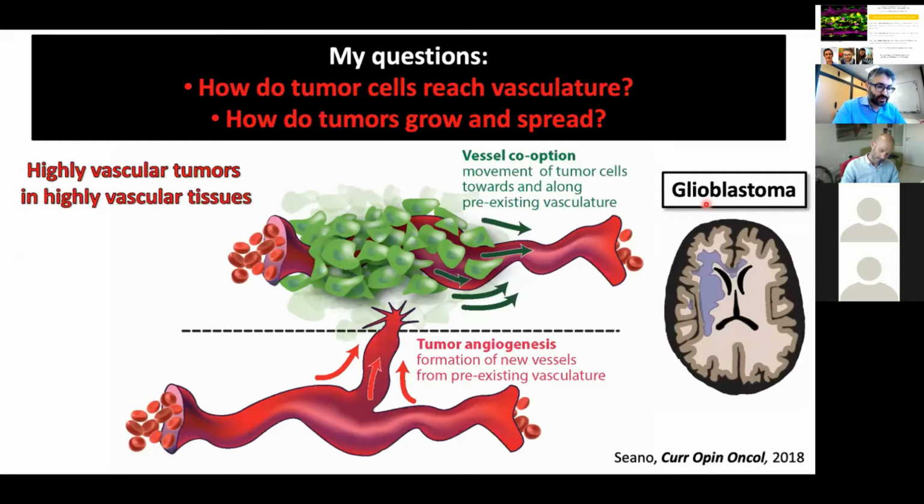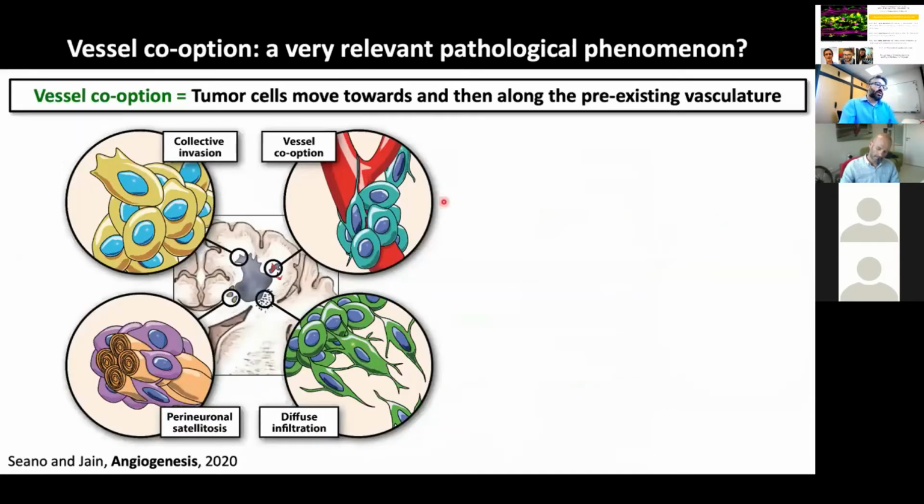Let's talk very quickly about different strategies of infiltration in glioblastoma. Infiltration is a crucial hallmark for the survival of patients. Glioblastoma can spread in the surrounding tissue with collective invasion, with perineural satellitosis, with diffuse infiltration, but also with vessel cooption.